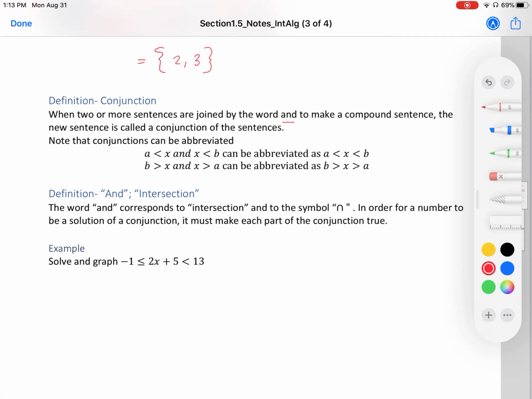So let's say I have two inequalities, such as A is less than X and X is less than B. I can combine them to be A is less than X, less than B. Notice the X is in the middle. Or what if I have something like B is greater than X and X is greater than A? They can be joined together to be B is greater than X, greater than A.